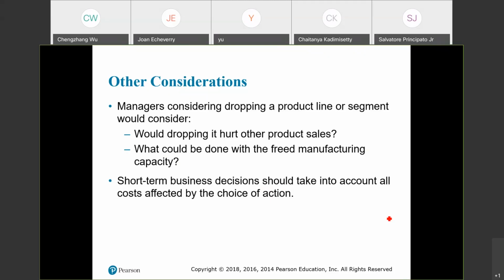Is product demand strong enough that the company could make and sell more standard tablets? Yes, these are all kinds of questions that the management needs to consider when making such decisions.